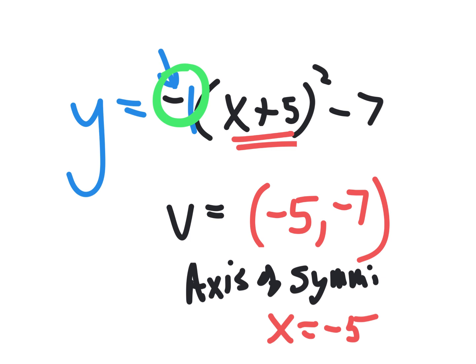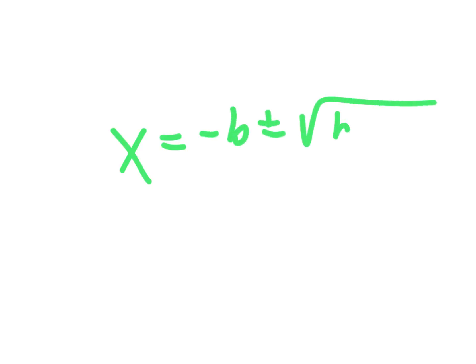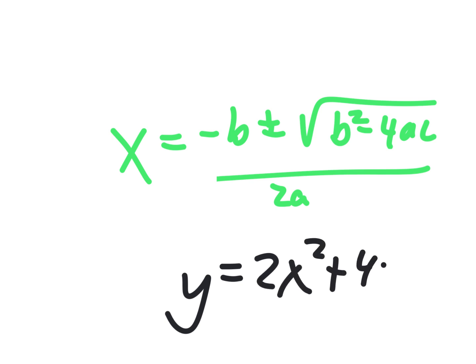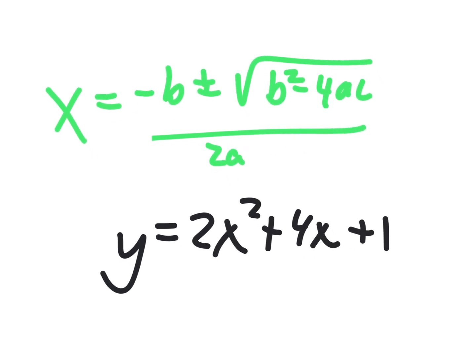So this number is really important because it's the A. Ever heard of A, B, and C? I know you have, because x equals -b plus or minus square root b squared minus 4ac all over 2a. There's A, B, and C, and they're here: 2x squared plus 4x plus 1.